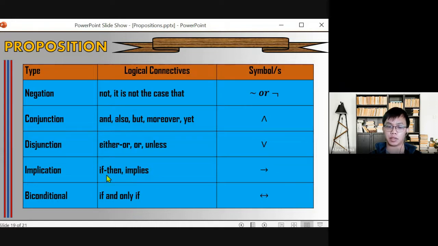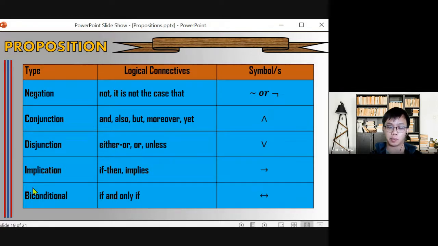When the connective used is if, then, and when it is implies, whichever comes first is the hypothesis, and the second one is the conclusion. Okay? And the symbol for that is a one-sided arrow.